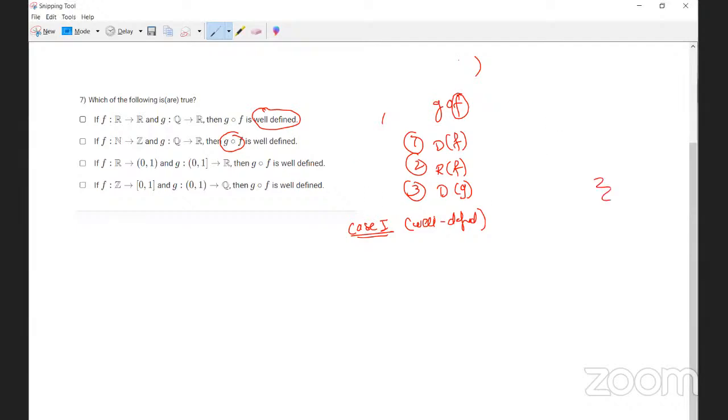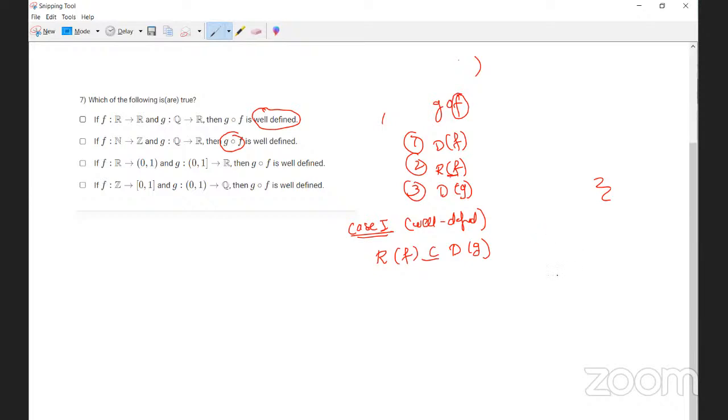Okay, so case one is for well defined. When the range of this particular function f is a subset of the domain of g, then I can say that this composite function is well defined.